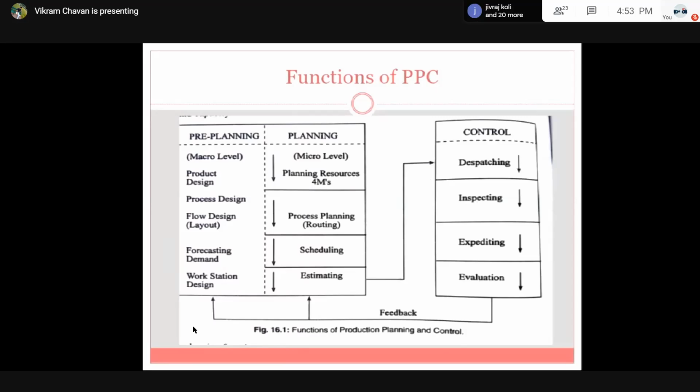In material, to avoid interruption during production, there should be sufficient availability of raw material, then components or tools required to produce that particular product. That is material analysis. Then machine and equipment: what will be the available capacity of the required machines to produce the components, and what is the downtime for producing that many components?